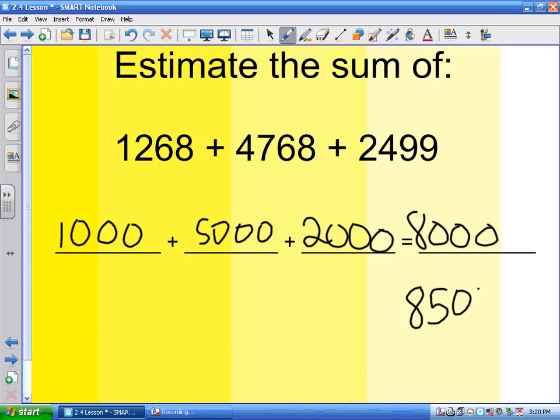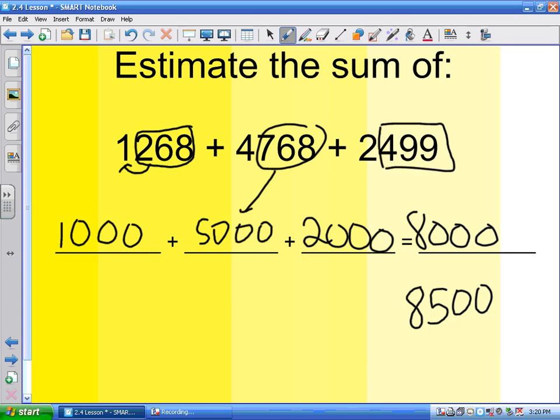Colby said 8,500. Who had a better estimate? Colby. Here's why. Take a look at this one. How far is it for the 268 to get down to the 1,000? It's only about 200, right? What about 470? Get this one up to the 5,000. It's going up a little bit, right? But we took this one and dropped 500 off of it almost.